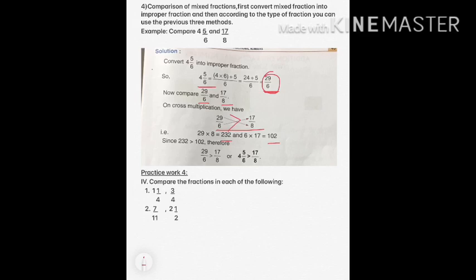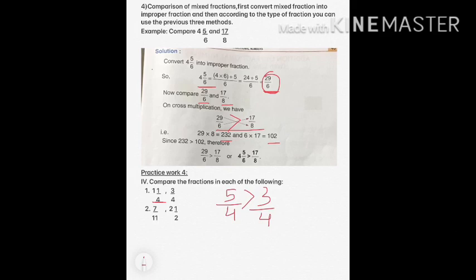In this way again, first you have to convert this mixed into improper. So the answer you will get is 5 upon 4 and then here it is 3 upon 4. Now which is greater? Denominators are the same, so 5 upon 4 is greater. Just convert the mixed fraction into an improper fraction and then you can compare.